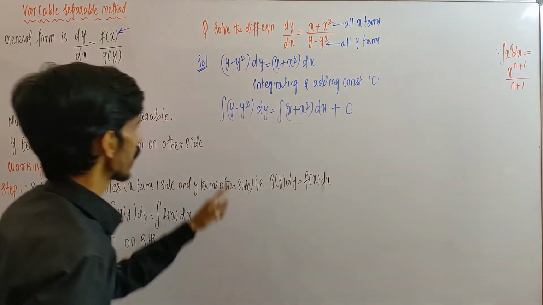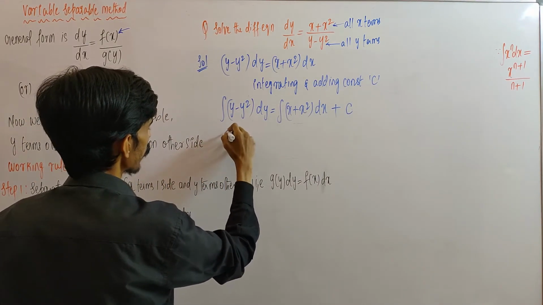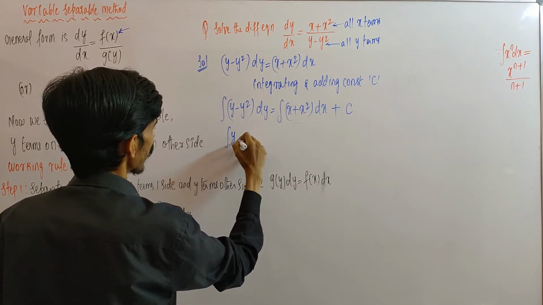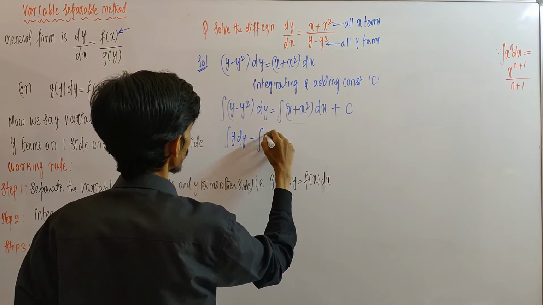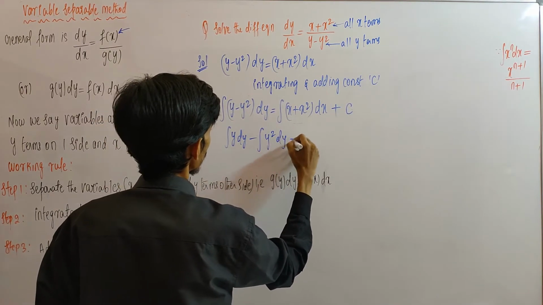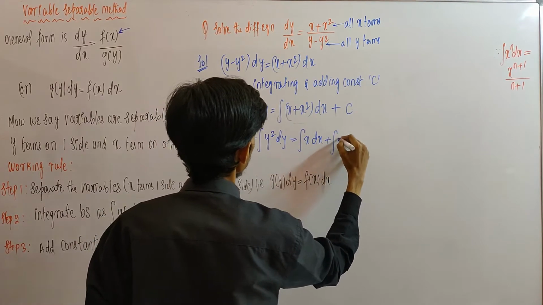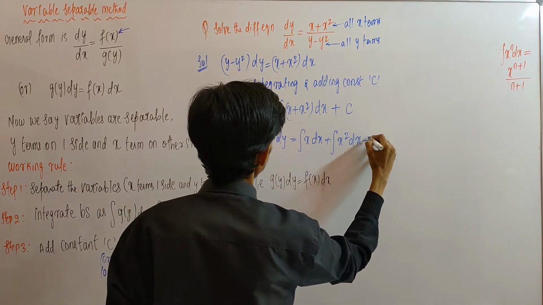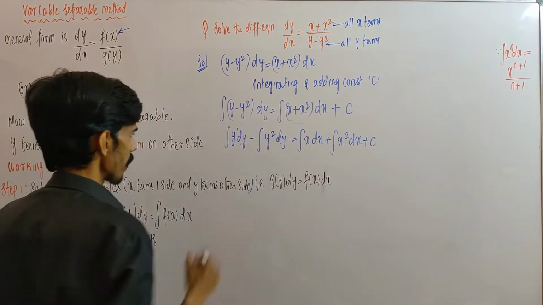Using this formula, let me write down one more step. Separating the integration, here I have integration y dy minus integration y square dy is equal to integration x dx plus integration x square dx plus c.